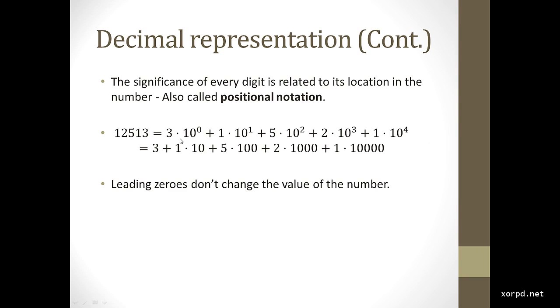I want to emphasize that the coefficients that we have here, 3, 1, 5, 2, and 1, are just this number reversed. And if we expand the powers to the results, we get this.